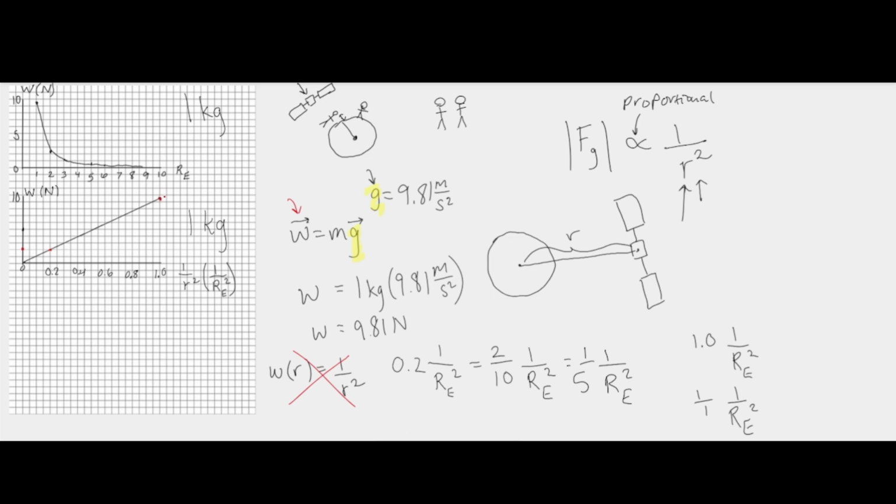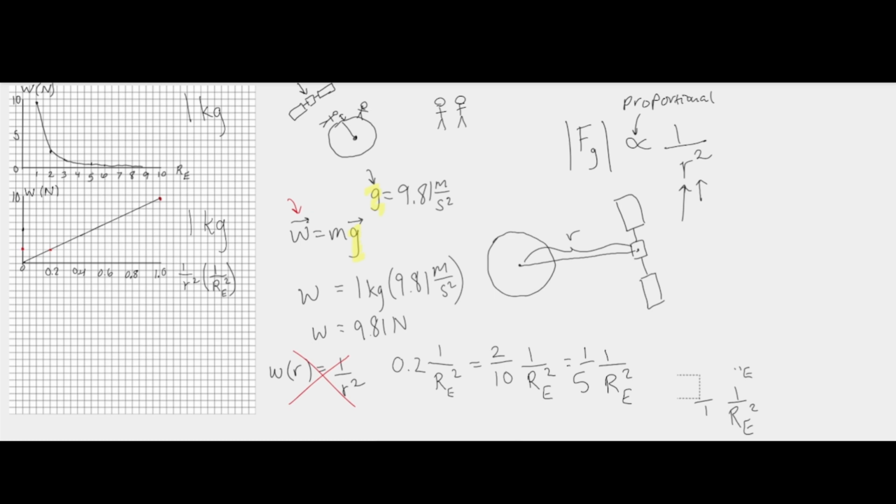So as these numbers here are smaller, as we get further away from 1, 0.8, 0.6, 0.4, as these numbers decrease, they are actually indicating that we're further away than the distance of one Earth radius. And I'm just going to show one other example.